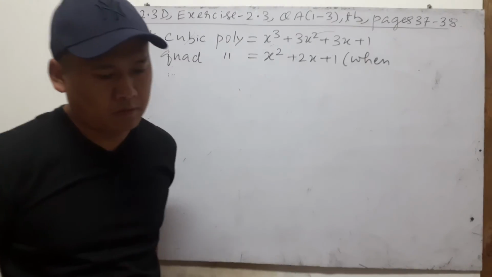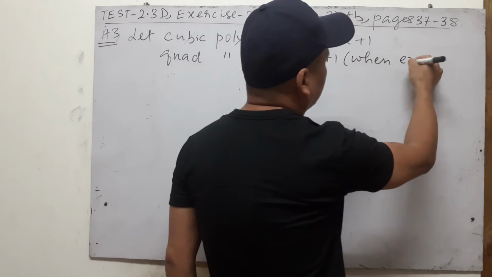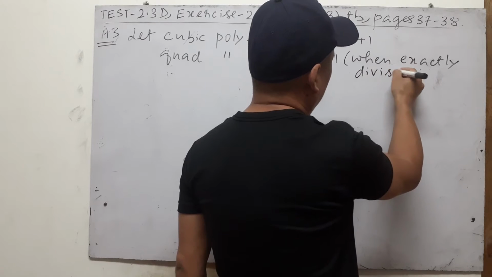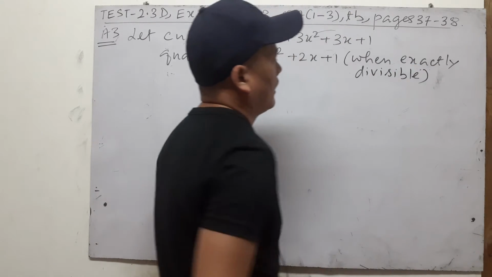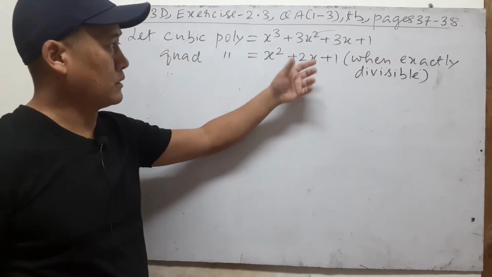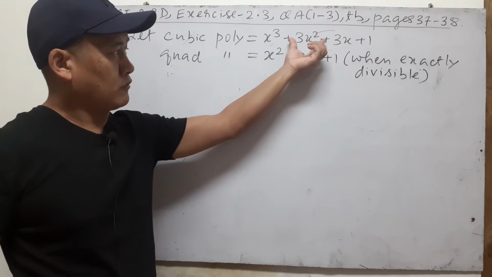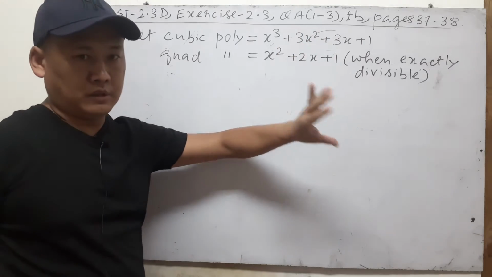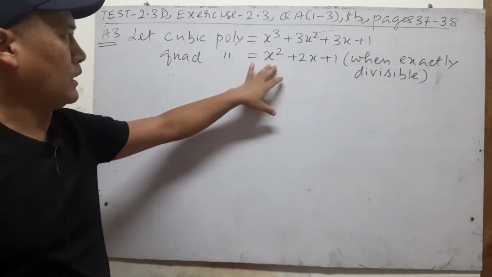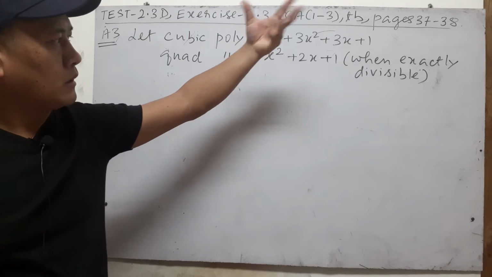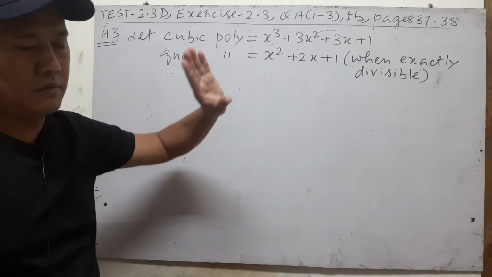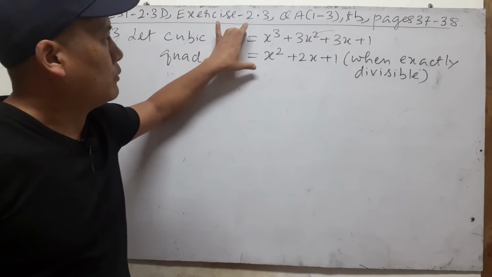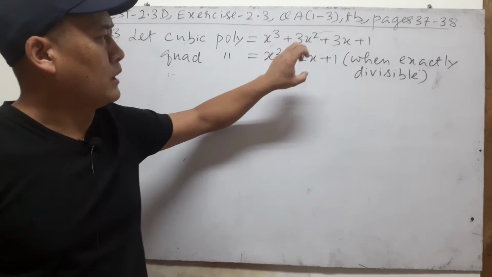So this is the case when it is exactly divisible. We have to take both cases, exactly divisible and not exactly divisible. Exactly divisible means this divisor and dividend are such that when you divide, the remainder will be 0. In fact, the divisor is a factor of the dividend. When a cubic polynomial is divided by a quadratic polynomial, cubic is the dividend and quadratic is the divisor.